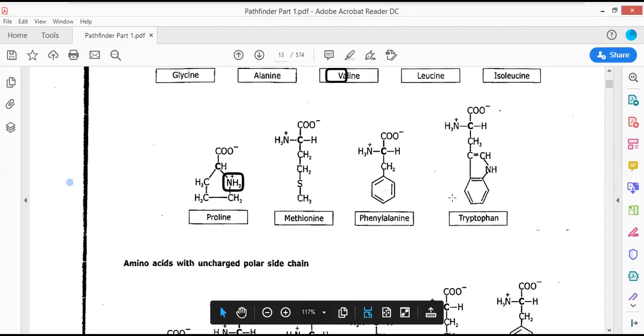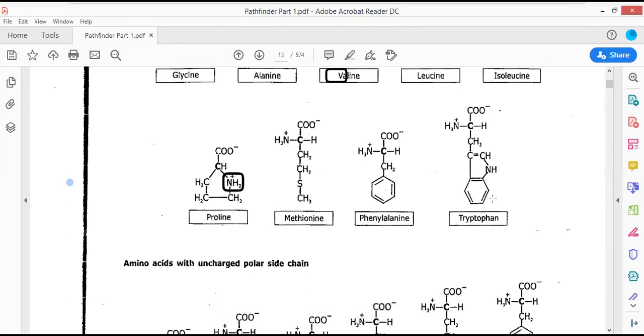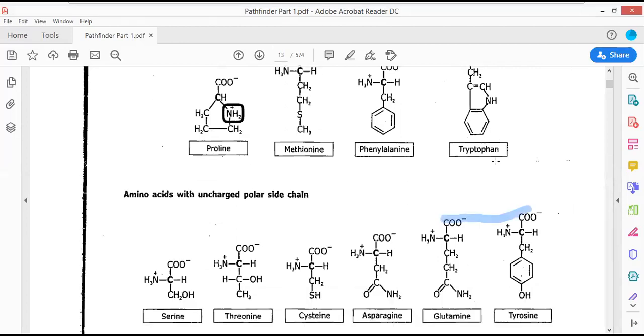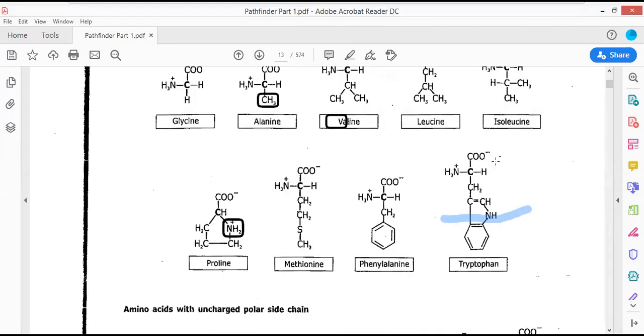Now, how to remember tryptophan, because it has a very complex structure. You just remember tryptophan as CCHNH. Once you remember this word CCHNH, just invert it for histidine. What you will get for histidine, please do not annotate.